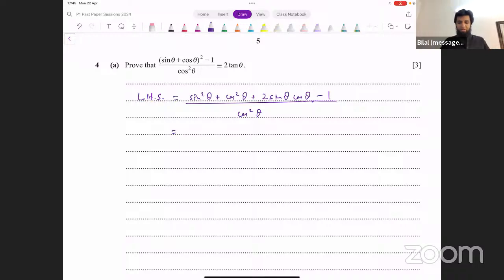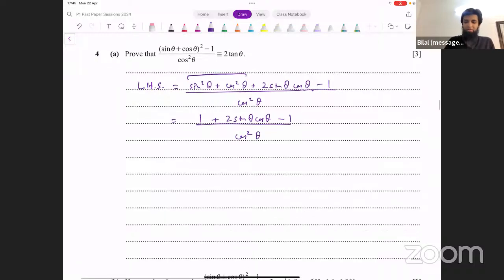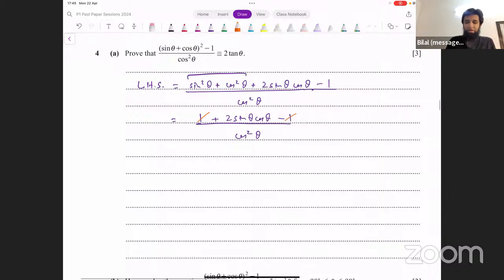Sine squared theta plus cos squared theta plus 2 sine theta cos theta, minus 1, divided by cos squared theta. Now, what's this? Sine squared theta plus cos squared theta is going to be 1. So this part becomes 1 plus 2 sine theta cos theta minus 1, whole divided by cos squared theta. 1 and minus 1 get cancelled, and we're left with 2 sine theta cos theta over cos squared theta.